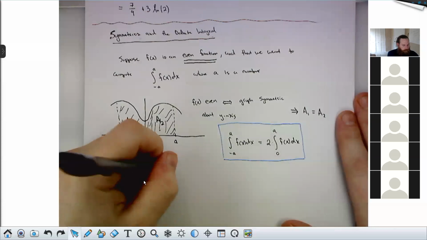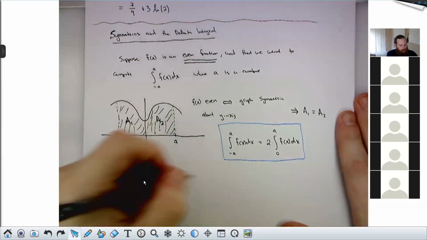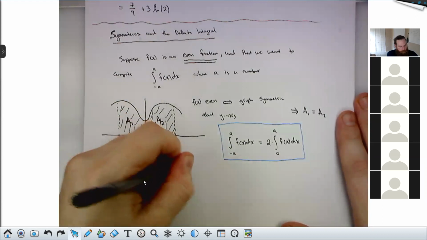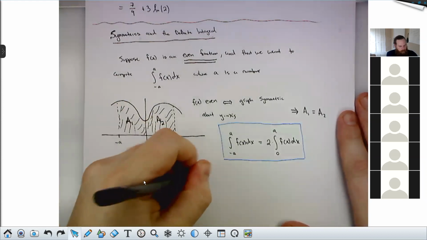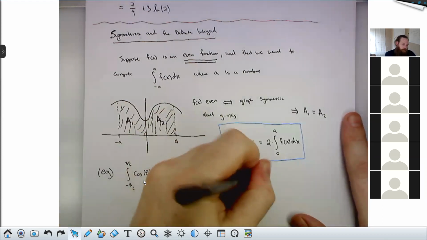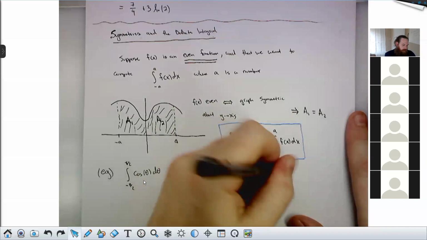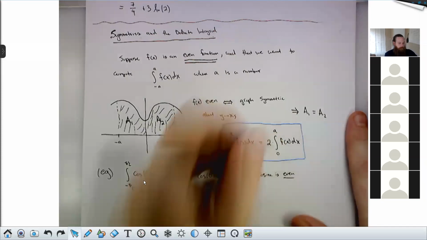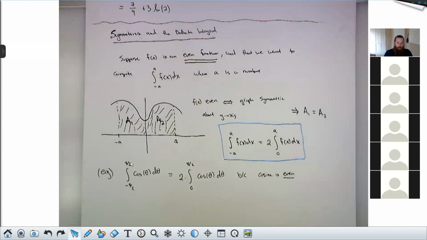This would be equal to double the integral from 0 to pi over 2 of cos theta d theta, because cosine is even. So if you're integrating an even function over a region that is symmetric about 0, then you could just integrate from 0 up to that upper bound and double the result, because the total area is just double the area on the right.